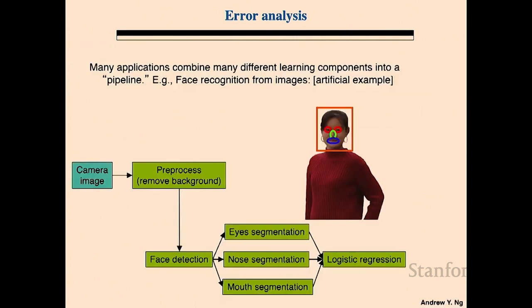So I actually know someone that was trying to work on a problem like this, and they decided to improve their background removal algorithm. This person actually literally wrote a PhD thesis on background removal. And I'm glad he got a PhD. But when I look at the problem he was actually trying to solve, I don't think it actually moved the needle, right?